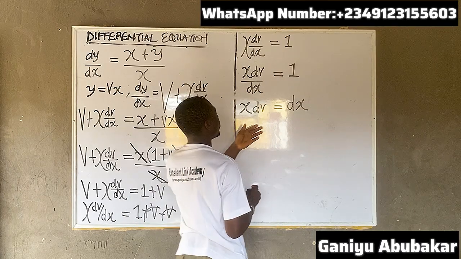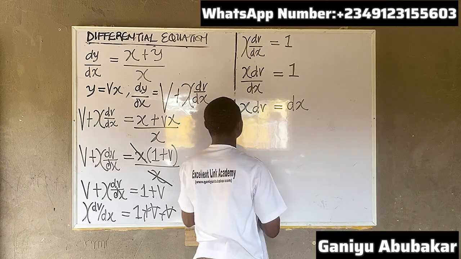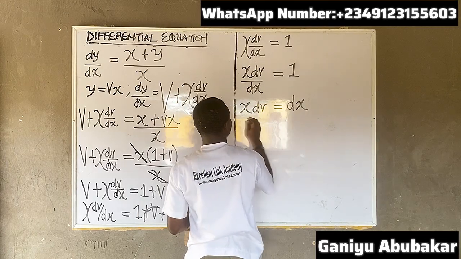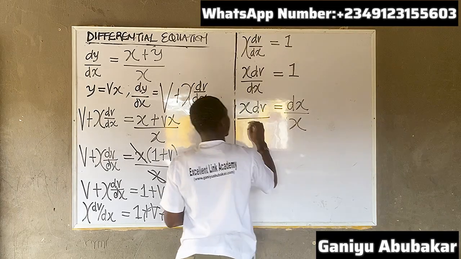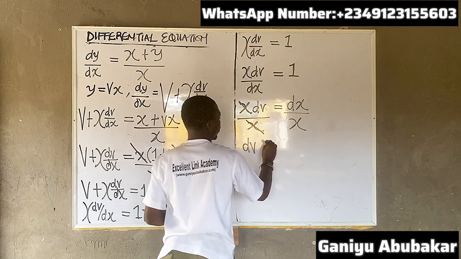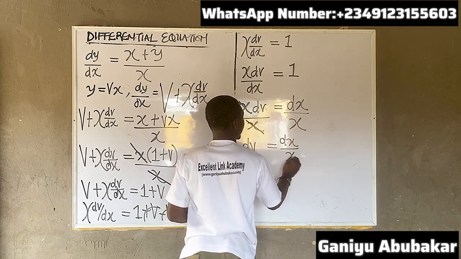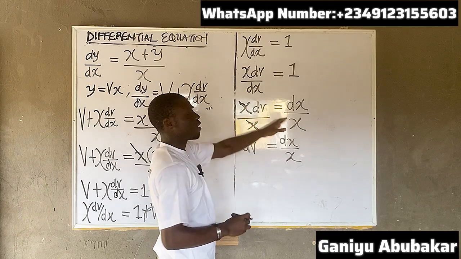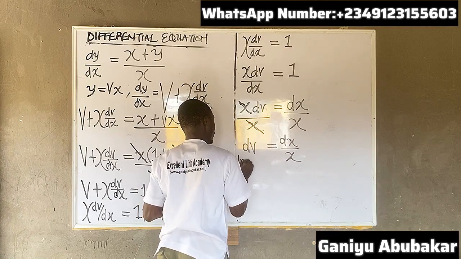I want to bring the x terms and the v terms together, so this x should come here. I'll divide by x, so this one will cancel this. I have dv left equal to dx over x. I have applied variable separation here. I've separated them. Let's start integrating through.